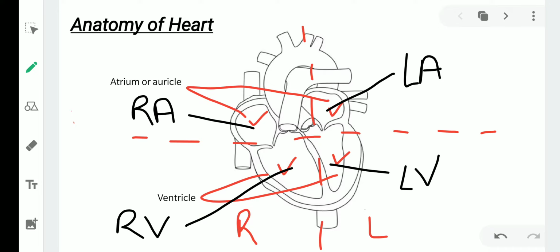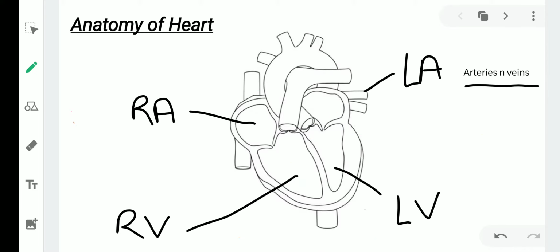Next we have some important arteries and veins. Let's have a look. This one here is a vein and it is the vena cava. I'll better use the text.